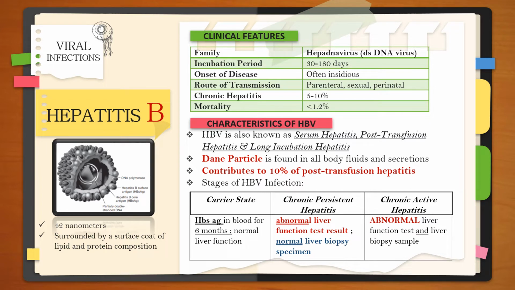In a carrier state, a patient has hepatitis B surface antigen in the blood for 6 months with normal liver function tests, which include ALT and AST, or SGPT and SGOT respectively. For chronic persistent hepatitis, a patient has abnormal liver function test results with a normal liver biopsy specimen. And chronic active hepatitis is a patient who has abnormal results for both liver function tests and liver biopsy sample.